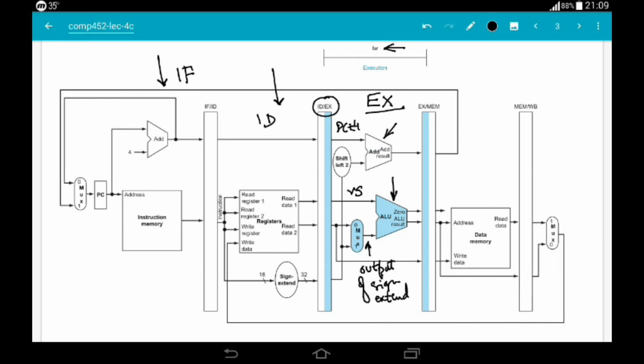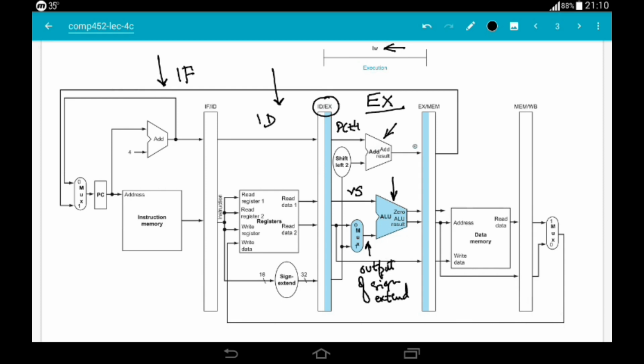So this adder will be calculating a branch target, assuming that the instruction being executed is a branch instruction. But in our case, since it's not a branch instruction, we're not shading it.